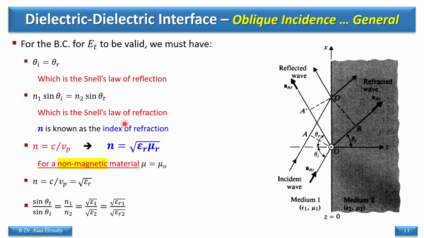So Snell's law of refraction has this general expression here, and based on the nature of the material, it can be simplified to be expressed in this format for non-magnetic material. So this is general for any oblique incidence between two dielectrics.